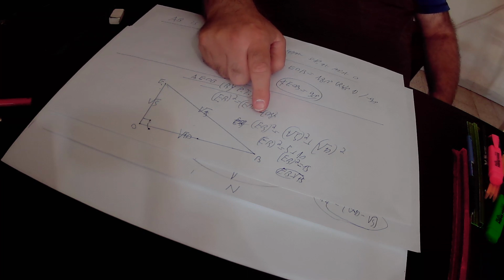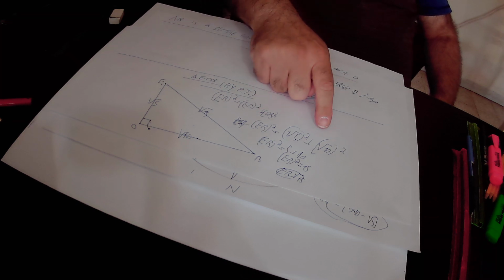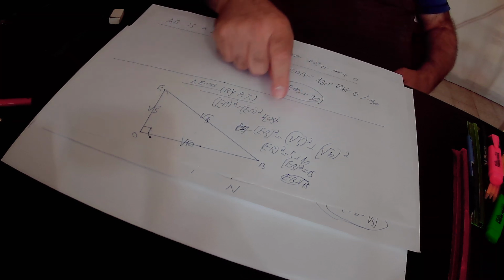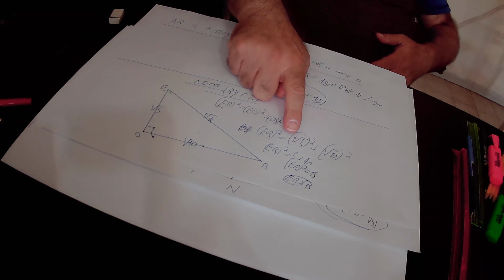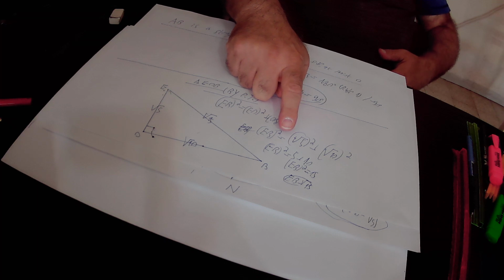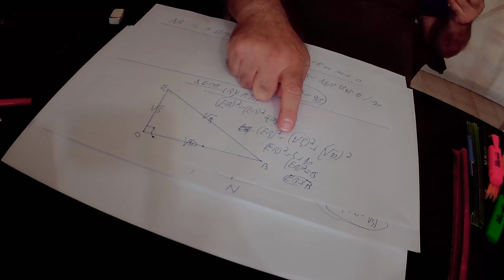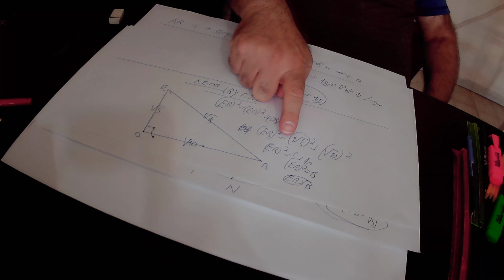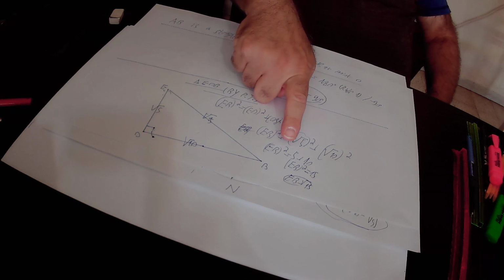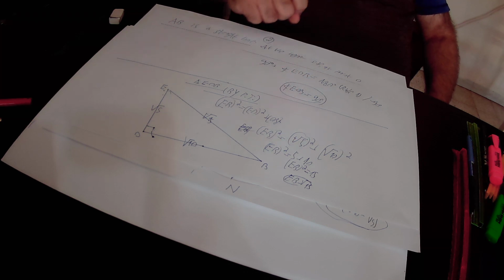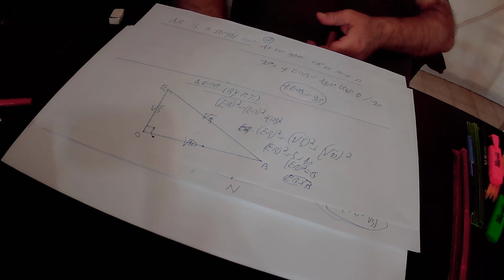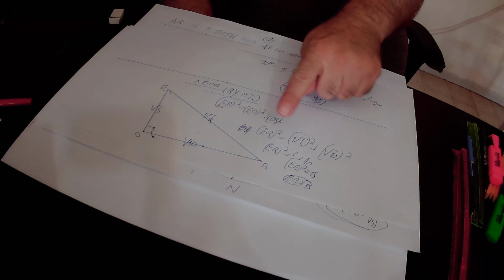The square root of 5 squared is 5, plus the square root of 10 squared, that is 10. So EB squared equals 5 plus 10, which is 15. Here we took the root of this equation and found that EB equals the square root of 15 units.